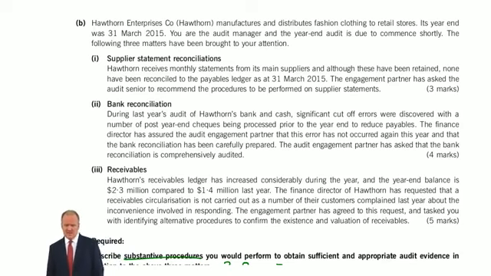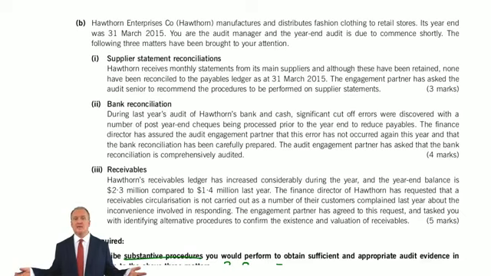You are the audit manager. Year end audit is due to commence shortly. Yeah, after the year end, that makes sense. The following 3 matters have been brought to your attention. Hawthorne receives monthly statements from its main suppliers, which is usual, and although these have been retained, none have been reconciled to the payables ledger as at the 31st of March.